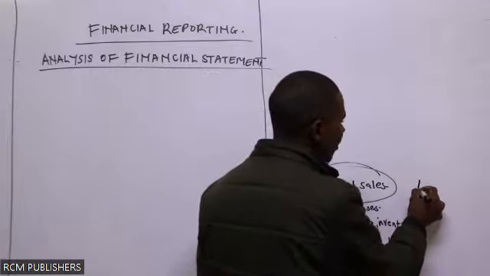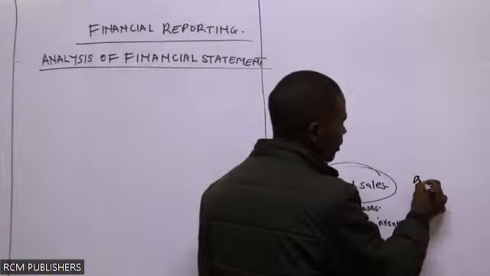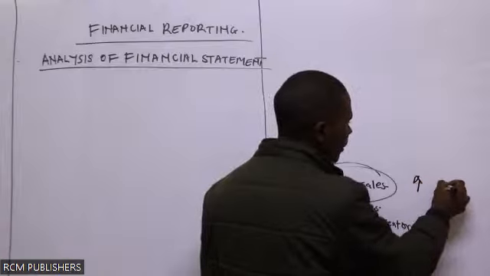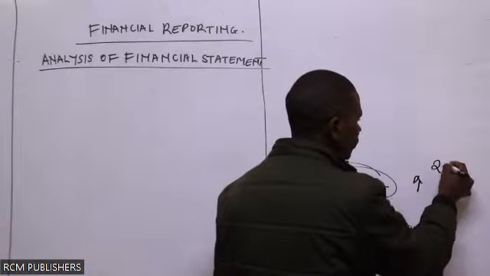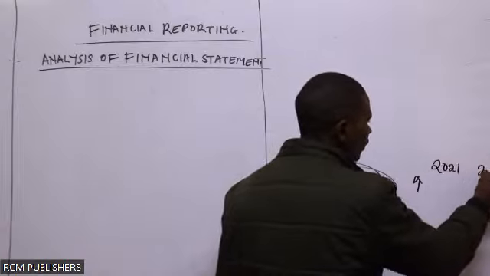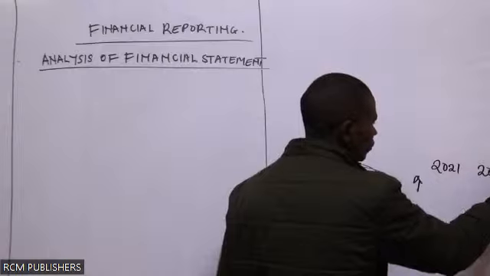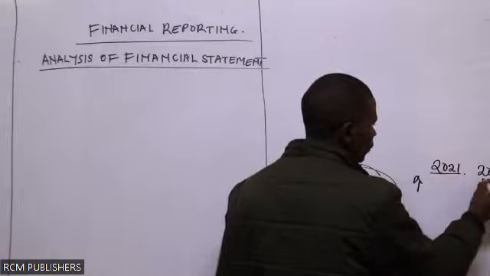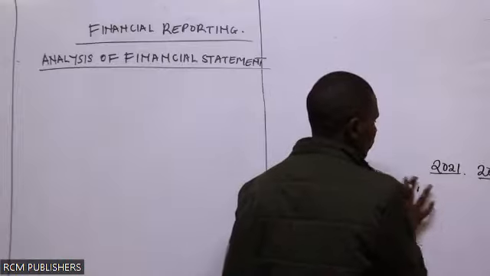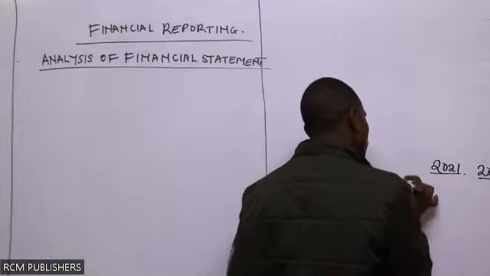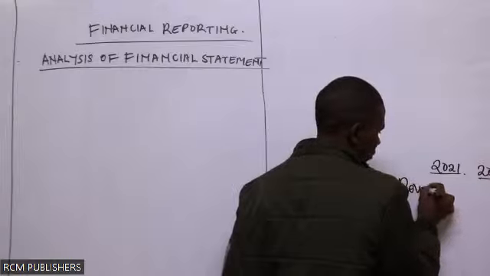Assume we have a higher cost of sale in a certain year compared to another year. For example, let's say I have 2021 and 2022. Let me start with revenue, the one I told you about.